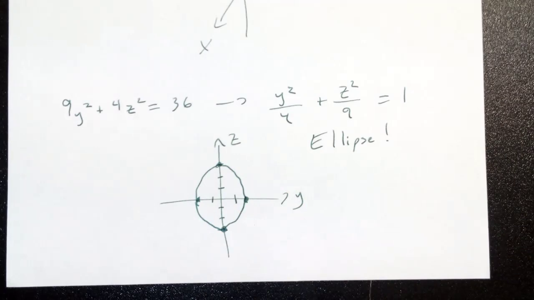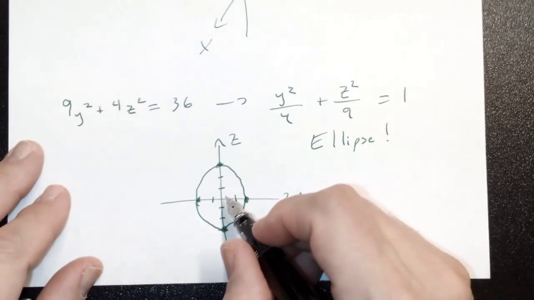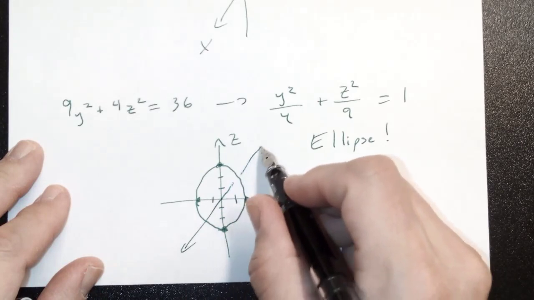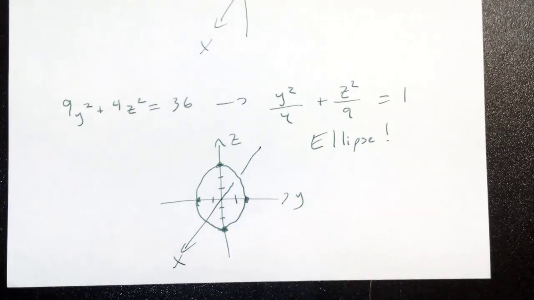But now I'm in 3D, so what happens? Let me add the x-axis. What should I see in 3D? The cylinder should be coming out at us along the x-axis with cross sections that look like this ellipse.